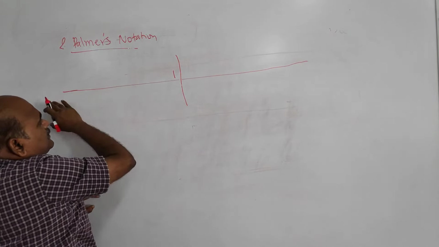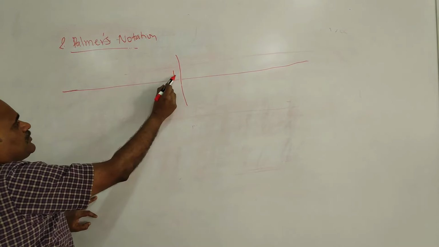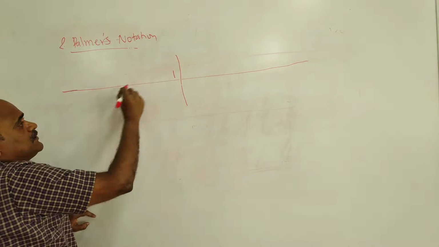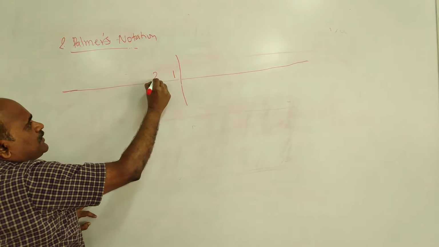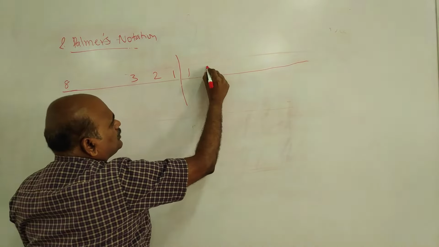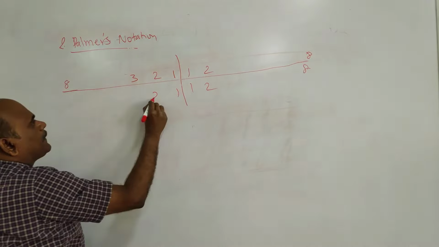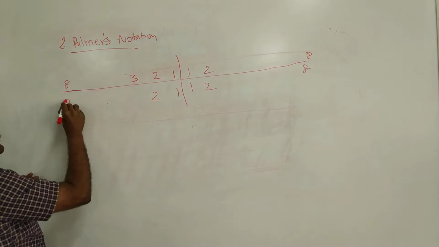But here, starting from the midline to lateral. The numbers are 1, 2, 3, up to the third molar, 8, in the permanent teeth. 1, 2, up to 8, like this.